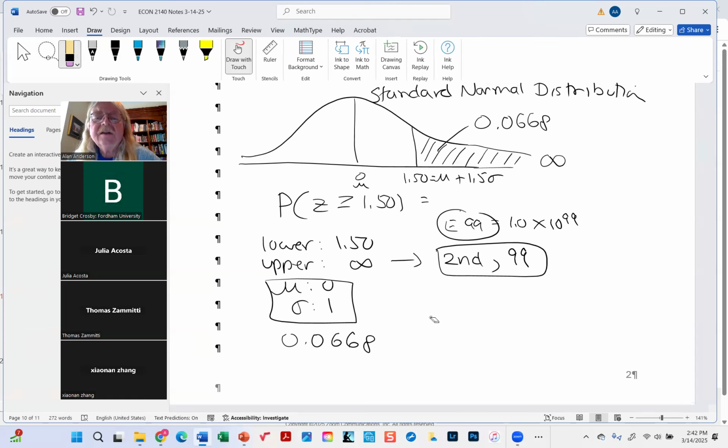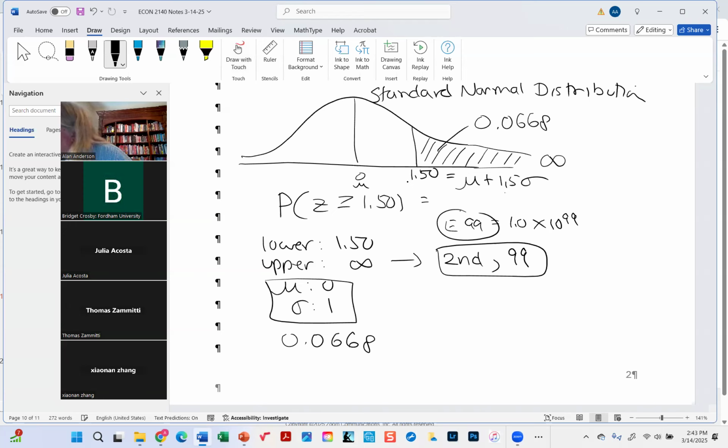Now, I do want to point out here that since this is the standard normal distribution, that 1.5, let me write it a little bigger over here so you can see it better, can be interpreted as the mean plus 1.5 standard deviations.